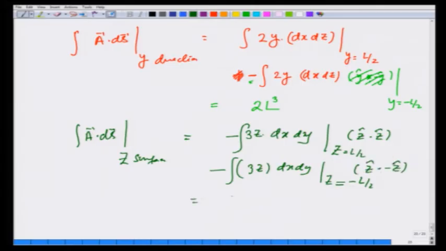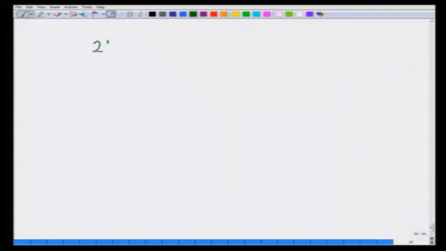So, this gives you 3 times L by 2 times L square times 2, with a minus sign here, which is nothing but minus 3 L cubed. So, if you add all three contributions together, you get 2 L cubed plus 2 L cubed minus 3 L cubed, which is L cubed, which is equal to integration A dot ds.